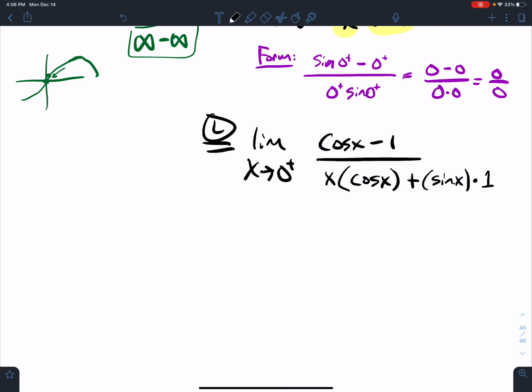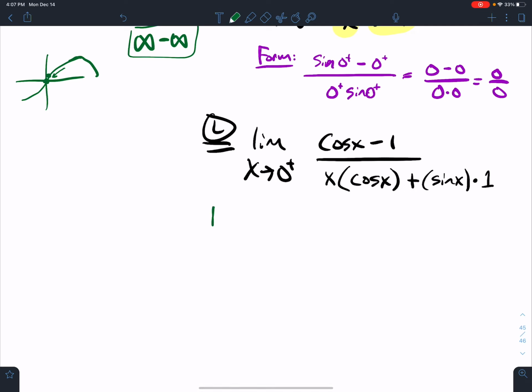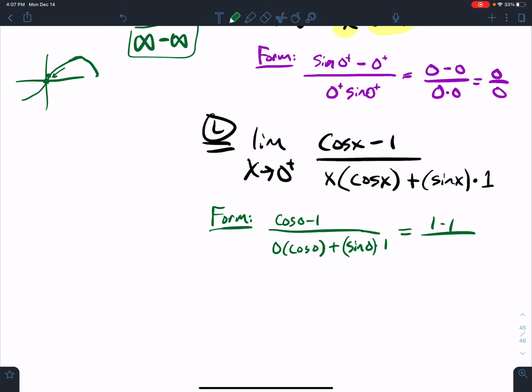So if I plug in, I get cosine 0 minus 1 over 0 times cosine 0 plus sine 0 times 1. So that's 1 minus 1 over 0 times 1 plus 0 times 1. That's just 0 over 0 again.